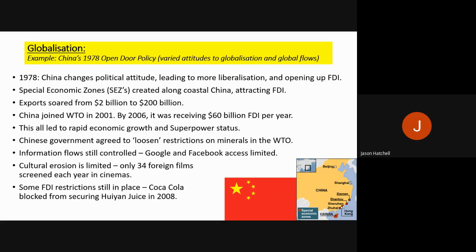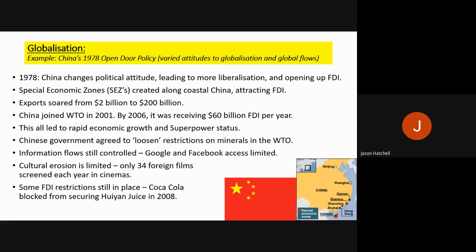Exports soared when these special economic zones were created, from $2 billion to $200 billion quite quickly. China then joined the World Trade Organization in 2001, and by 2006, it was receiving around $60 billion of foreign direct investment per year. So you can see how this liberalization in China from 1978 massively increased its economic power, led to economic growth and superpower status.